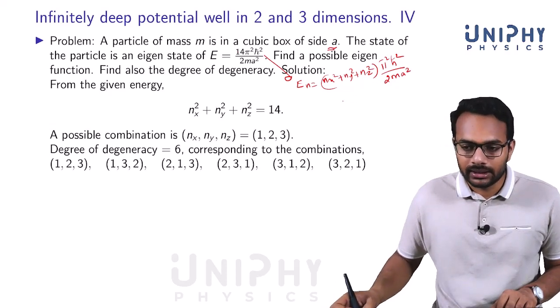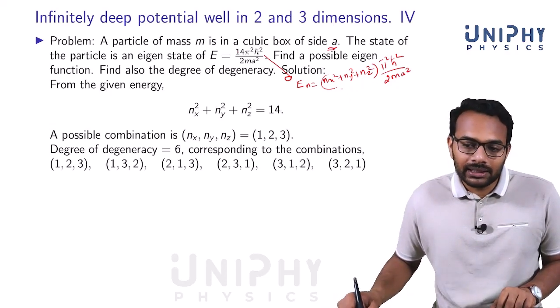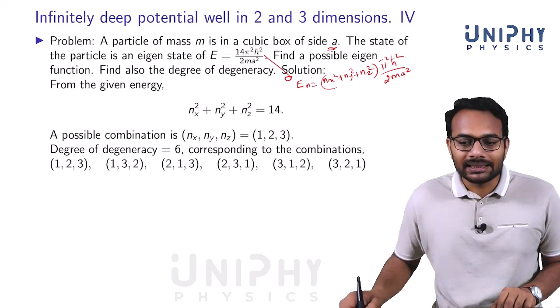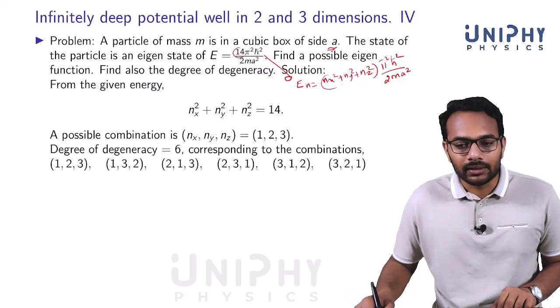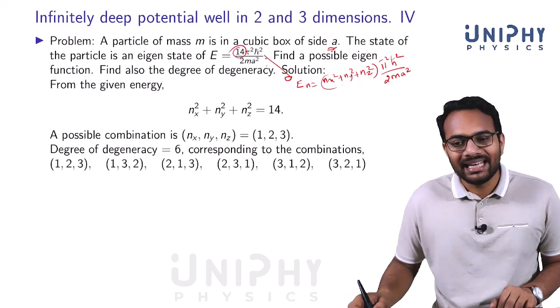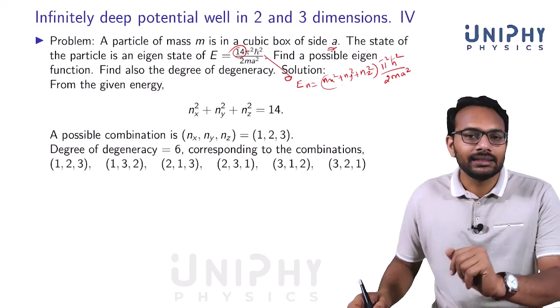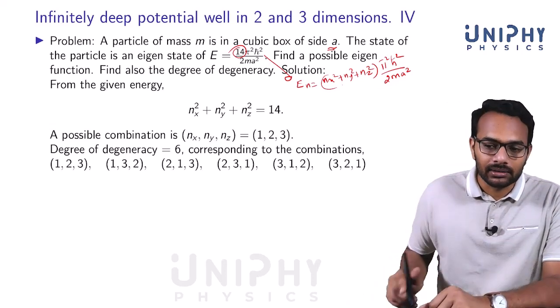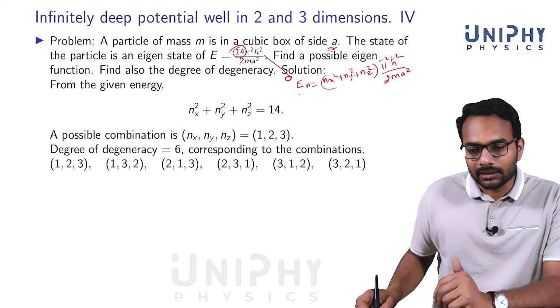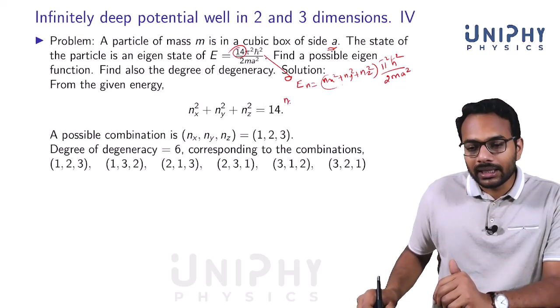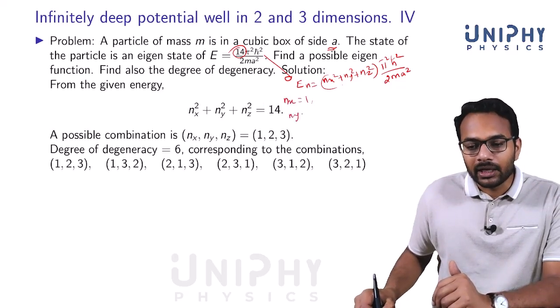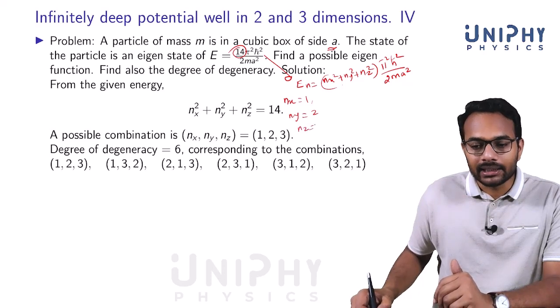Am I right? Yes. So we need nx square plus ny square plus nz square to be equal to 14. So one possible choice is to take nx equal to 1, ny equal to 2, nz equal to 3.